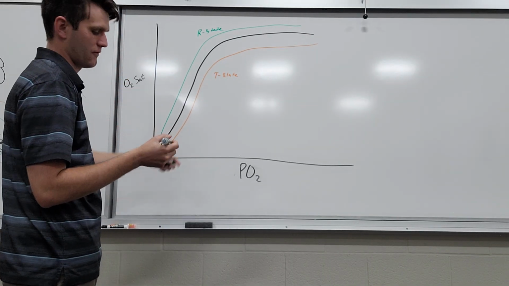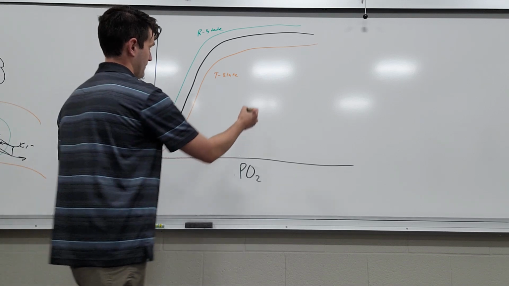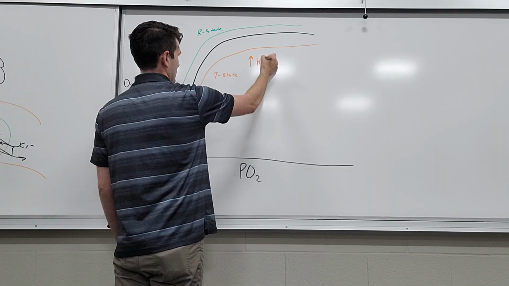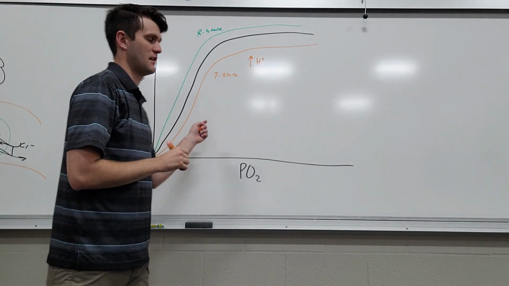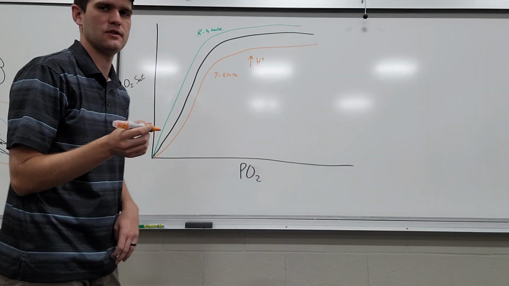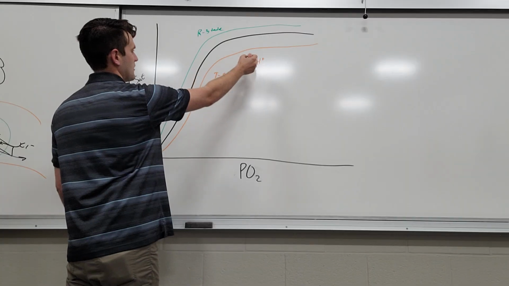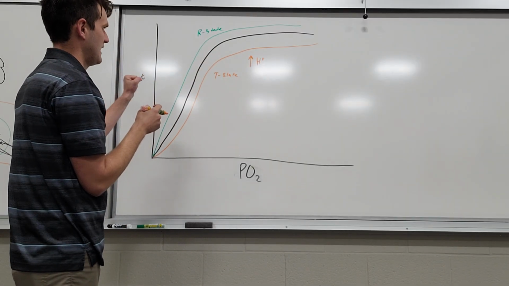Okay, so kind of some things that can affect that. Let's talk about T state first. If we have a high hydrogen concentration, that's going to cause it to go into the T state and drop our O2 saturation. And what's happening there is, again, these hydrogen ions, they're binding to the hemoglobin, causing that T state.